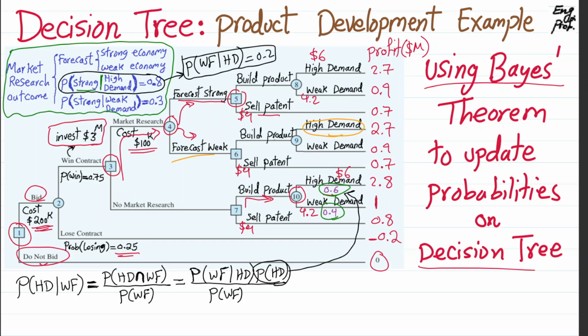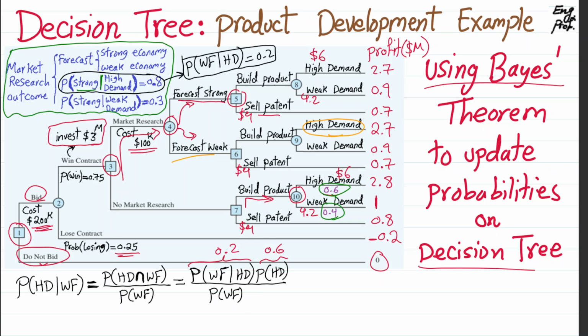So we have all the information in the numerator. The first one here is 0.2 and the second one here is 0.6. What we don't have is the denominator, but effectively we have that one as well too.